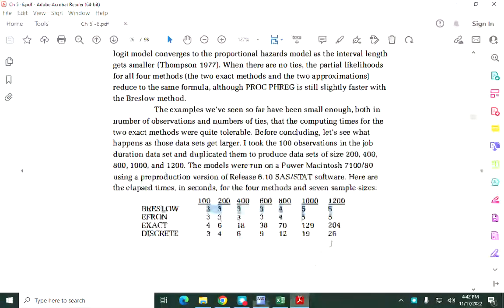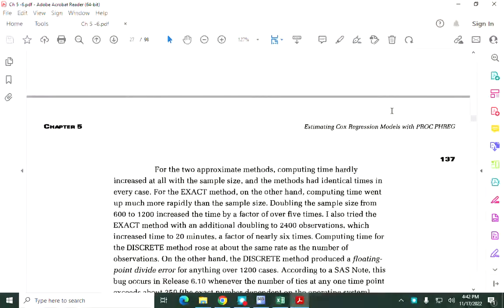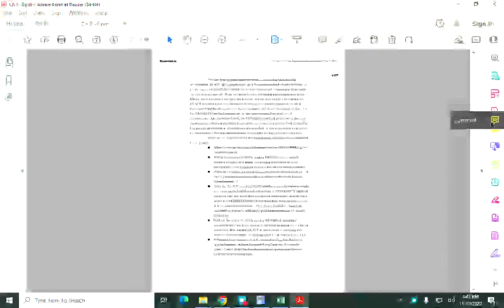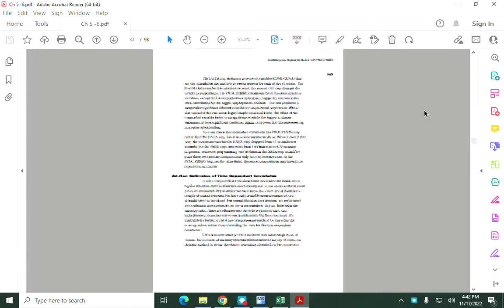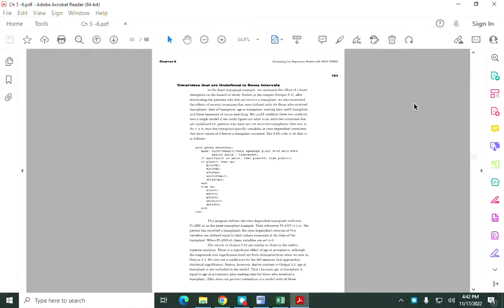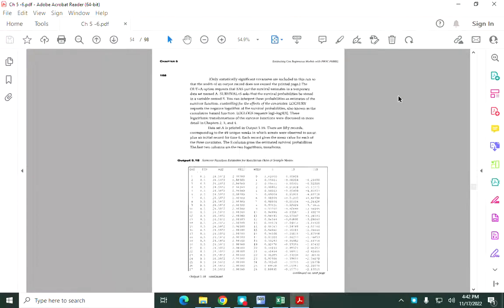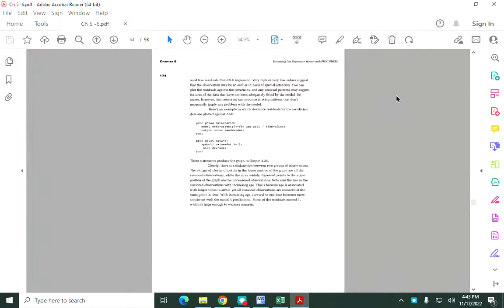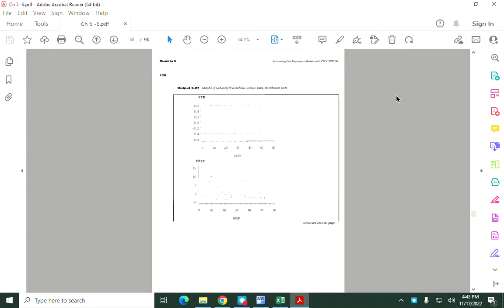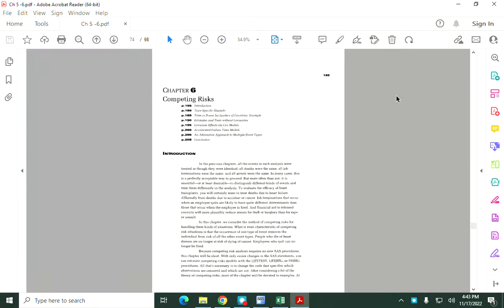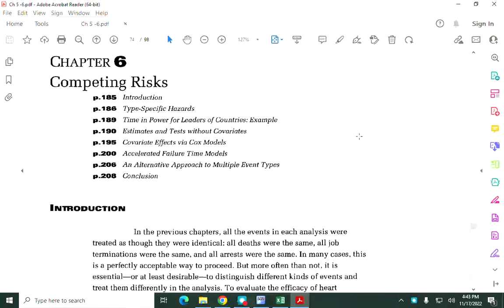Next. Now we're going to move to a really interesting topic. It's called PHREG for competing risk. And what is competing risk? That is the material of chapter 6. Chapter 6, competing risk.